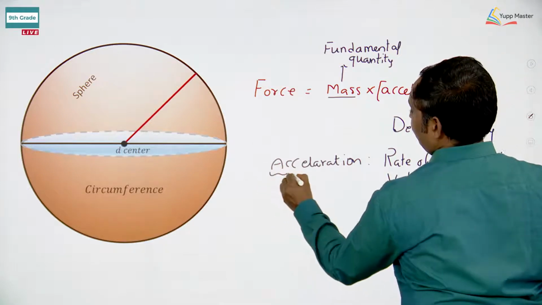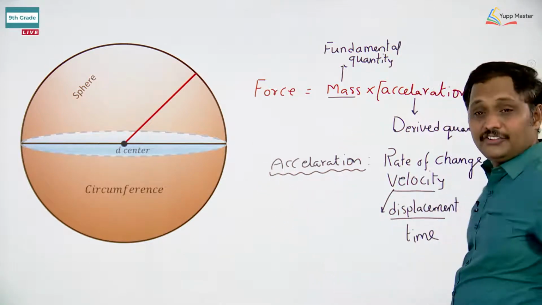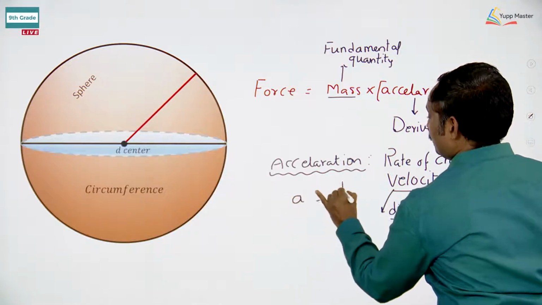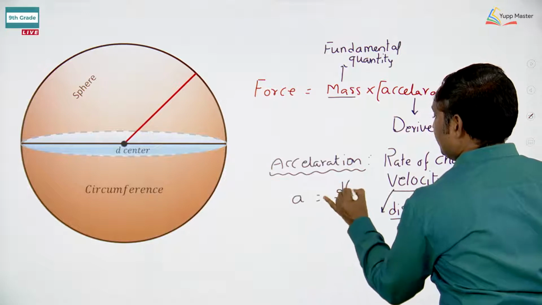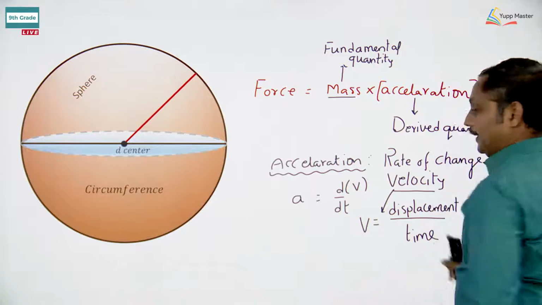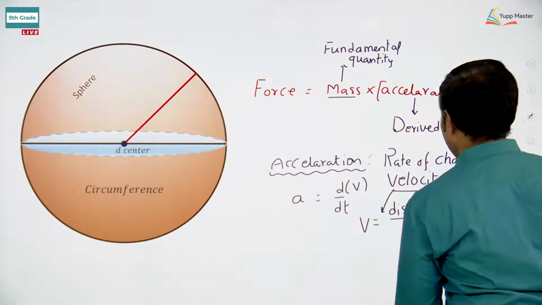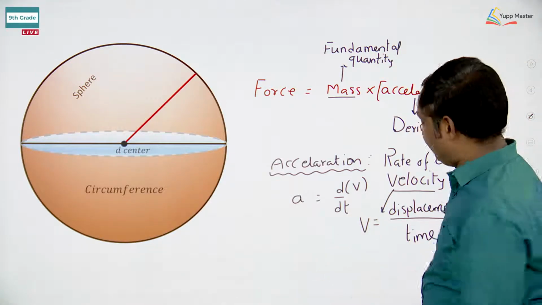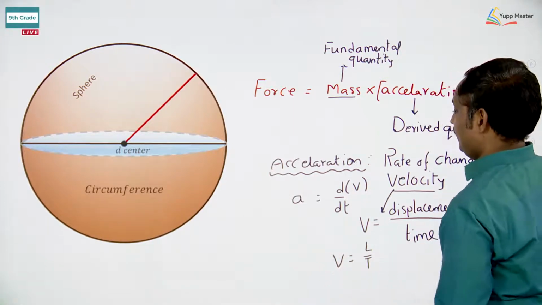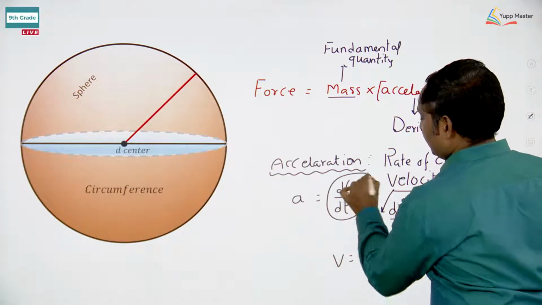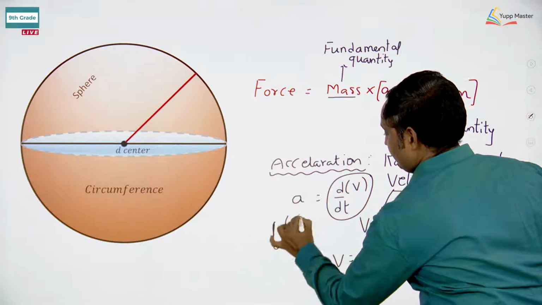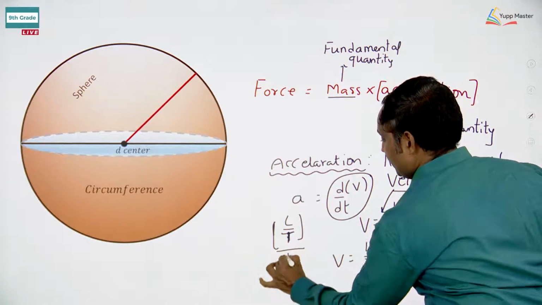Now acceleration is A is equal to d by dt of v. Simply we are going to take that. So v is equal to displacement by time, that is v is equal to L by t. Again, you take that L by t and t.